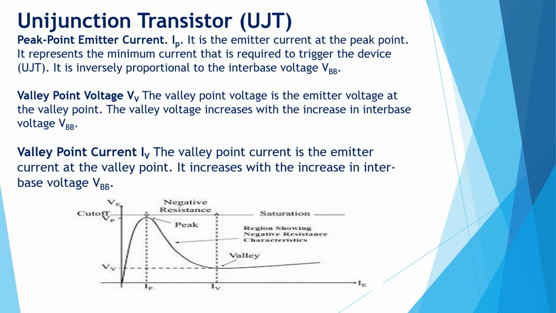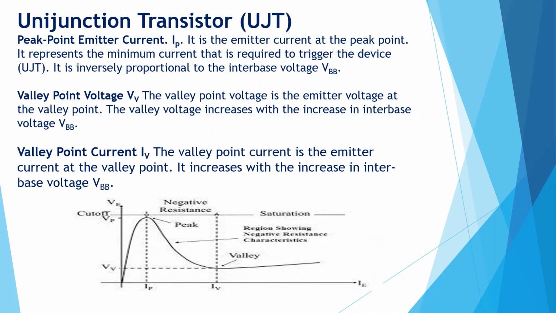And once conduction is established, that means VE is equal to V peak, this potential is reached. What happens? The emitter potential VE starts decreasing with the increase in emitter current. I told you that there will be a regenerative action, right? When the UJT is in the on state, current will flow through RB1, therefore the resistance of RB1 will decrease, therefore eta will decrease and IE will increase.